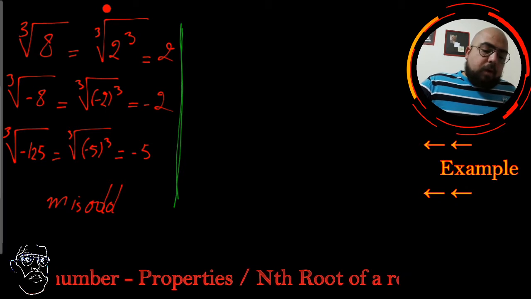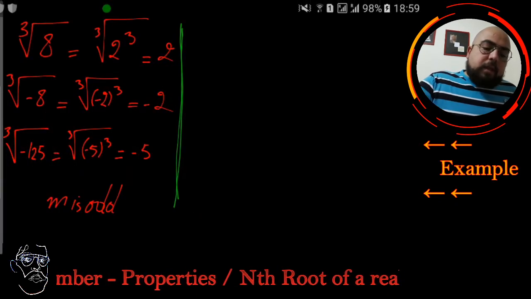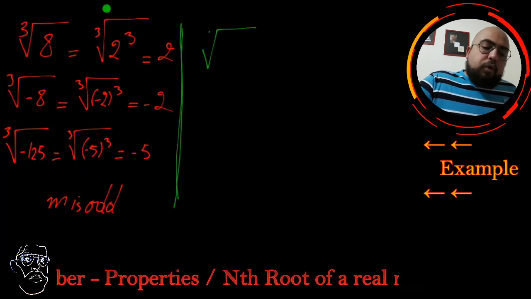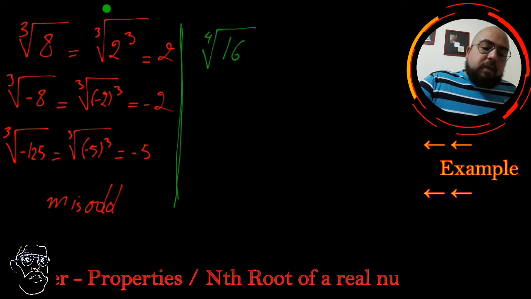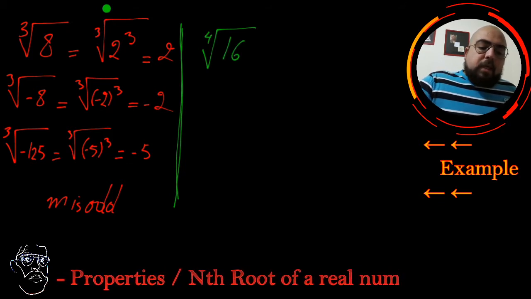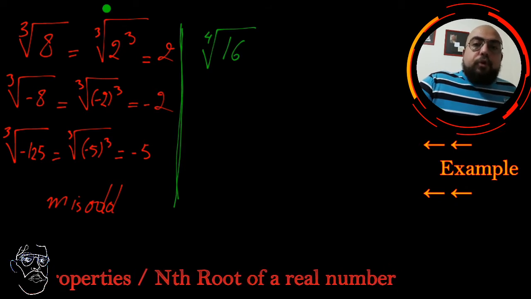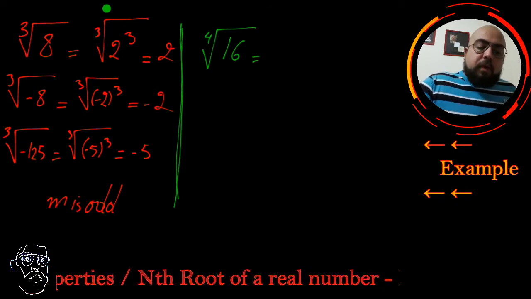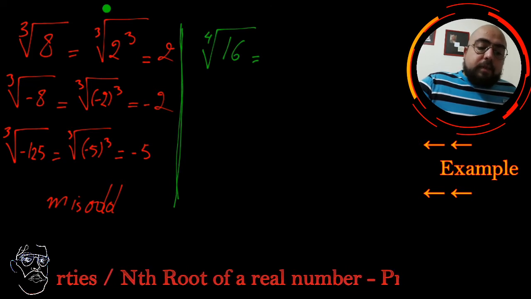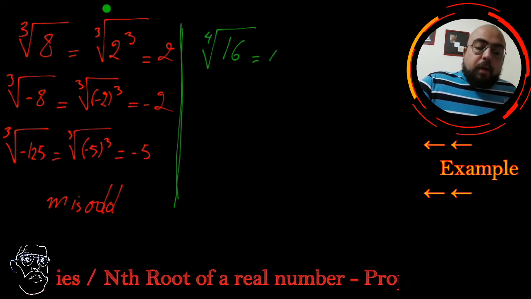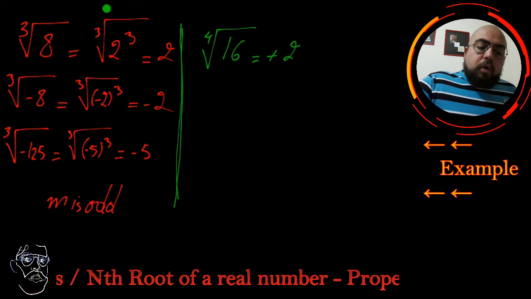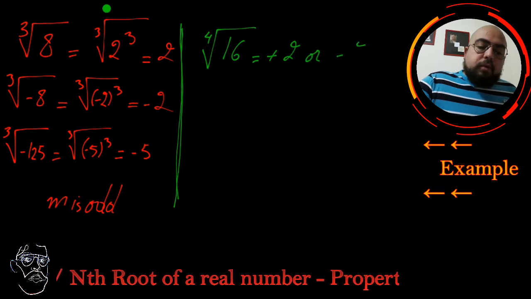Now the second part is when we have, let's say, the fourth root of 16. As you can see, 16 is positive. So the fourth root will exist and it will give me two answers: plus 2 or minus 2.